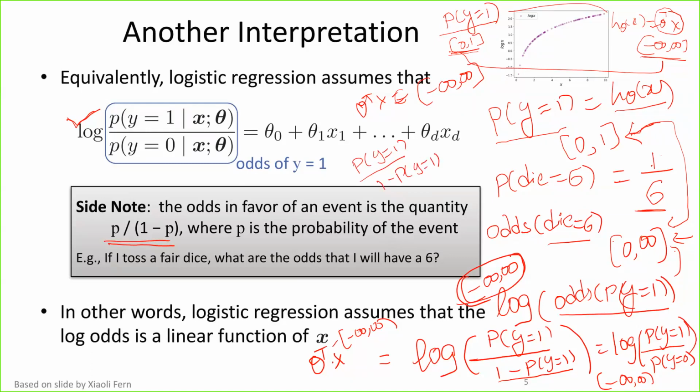You are giving this probability as an input to the odds function. So when you give this 0 to 1 range input to the odds function, it will transform it to the range of 0 to infinity.